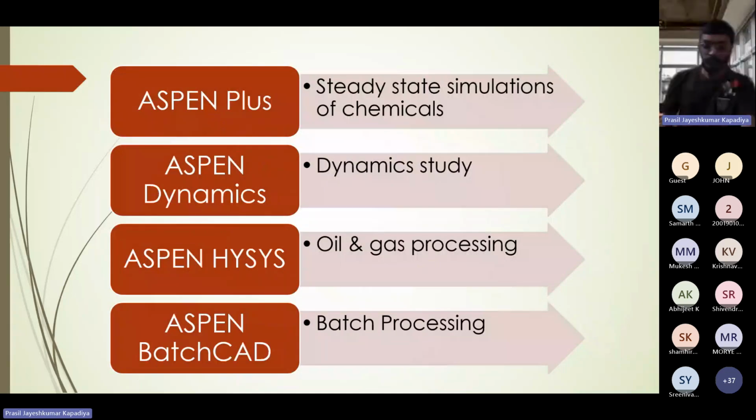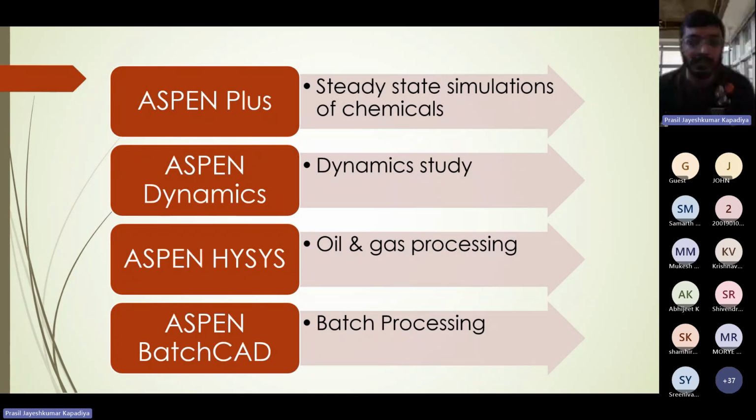So first let's talk about Aspen Plus. Aspen Plus is used for steady state simulations of chemicals. The equations that I mentioned for the distillation column were unsteady state equations, because there was a dm/dt term involved. That gives us time evolution, how our product quality changes with time.